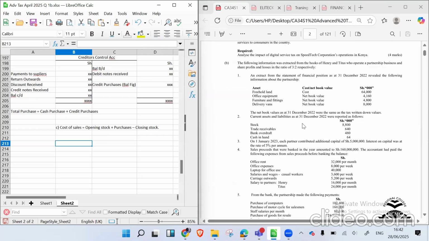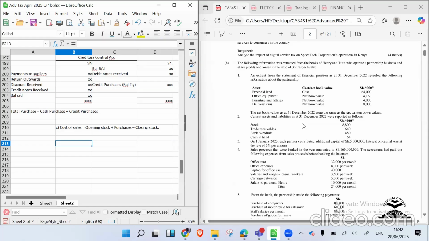An extract from the statement of financial position as at 31st December 2022 revealed the following information about the partnership. You can have freehold land, office equipment, furniture and fittings, delivery vans. The net book value as at 31st December 2022 was the same as the tax written down values. So they'll attract the capital allowances, no problem.